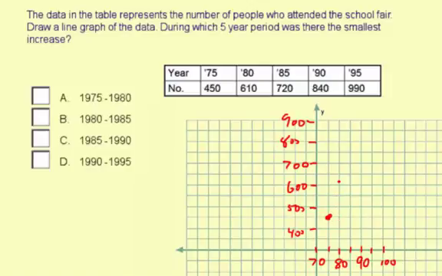And then 1985, 720, right there. 1990 will be up to 840. And then 95, that's up to 990. So I'm going to estimate that's going to be about right there.